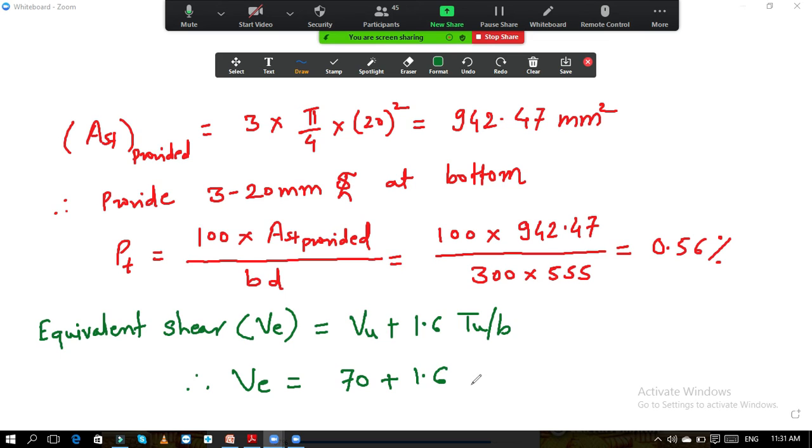TU is the twisting moment, so the value of twisting moment is given as factored value 40, into, here in the bracket, 40 by B, which is 0.3, because you have taken these values in kilonewton meter. So I'll put a bracket over here. This calculation you need to do first.